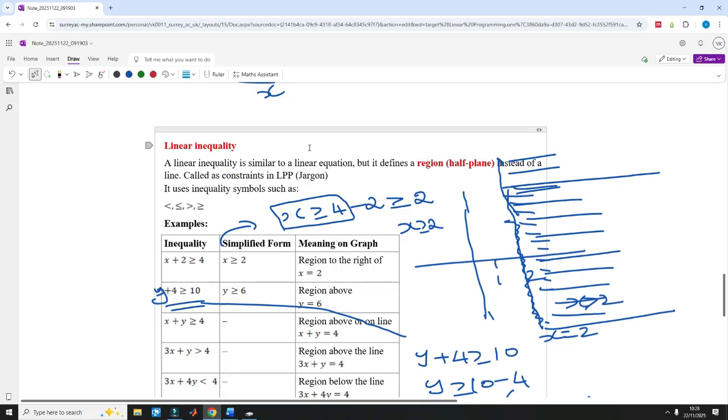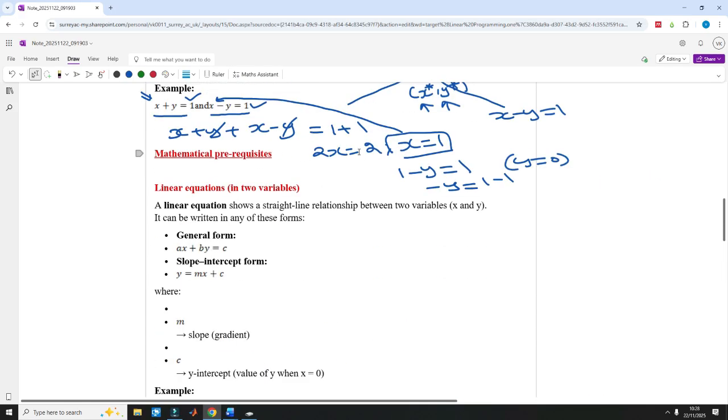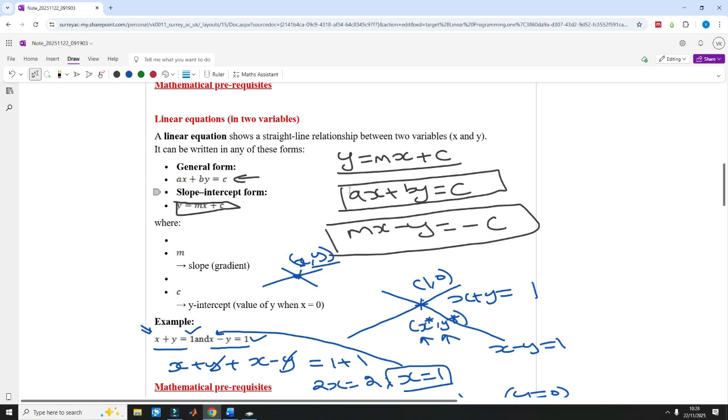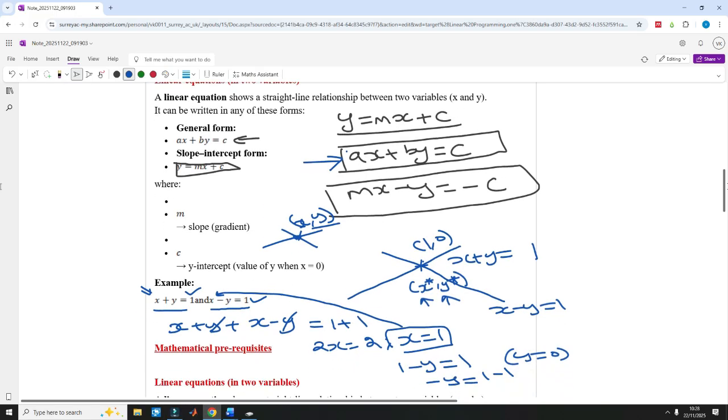We know what a linear expression is and how to write it for LPP problems. And we know if you have two linear equations, how to solve them. We know how to get the point of intersection of two straight lines.